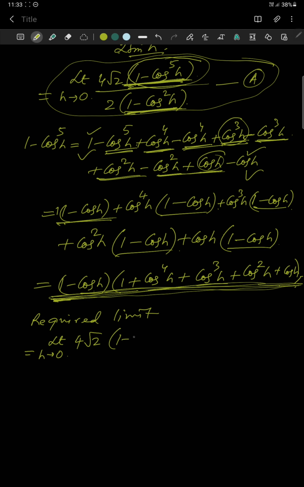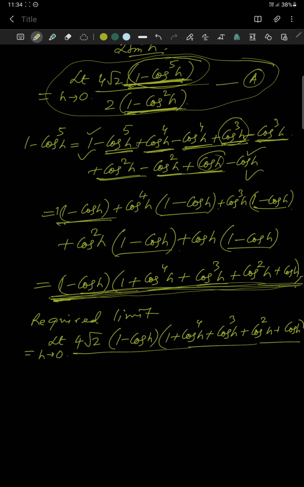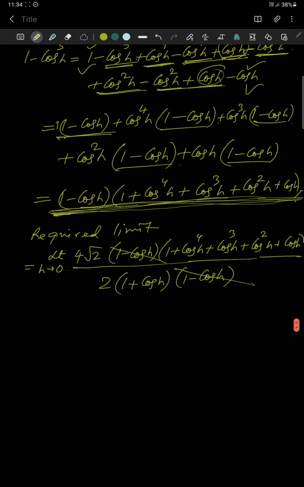That can be written 1 minus cos h, and inside the bracket 1 plus cos 4h plus cos cube h plus cos square h plus cos h, and in the denominator we had 2 multiplied by 1 minus cos square h, which can be written as 1 plus cos h into 1 minus cos h using the formula a square minus b square. So 1 minus cos h, 1 minus cos h, you can see, can be cancelled.